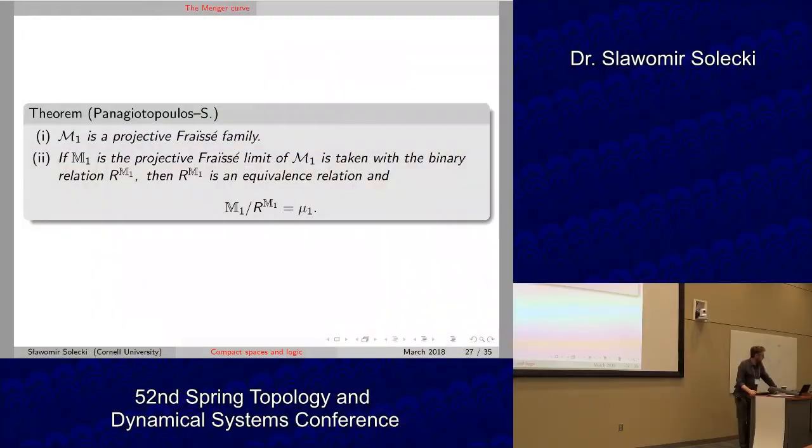So naturally you would ask how homogeneous M1 is. The Menger curve μ1 is completely homogeneous: if I take endpoints and a matching between them, I can extend it to a full homeomorphism of μ1. But the pre-Menger curve cannot be completely homogeneous, because you have two types of points, a doubleton and a singleton, and there will be no automorphism of M1 that maps a singleton to a doubleton, because it will not preserve the relation. So the situation here is more mysterious for M1.